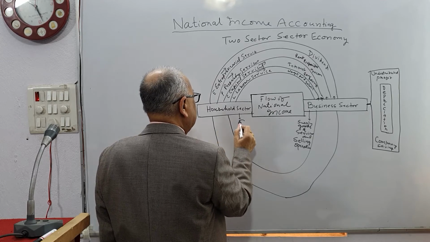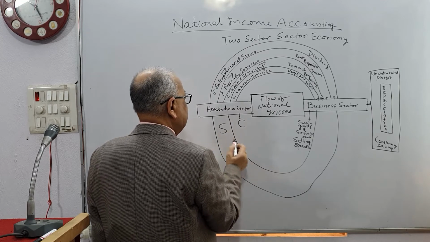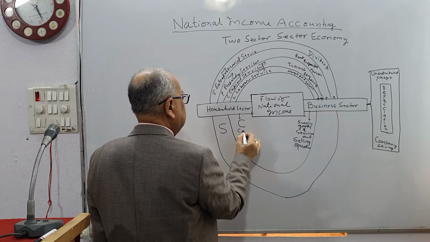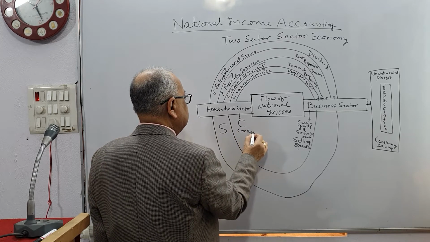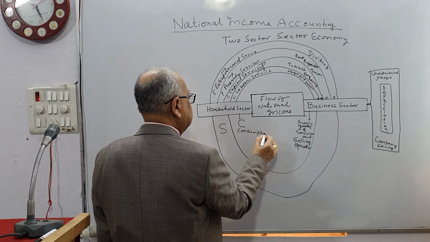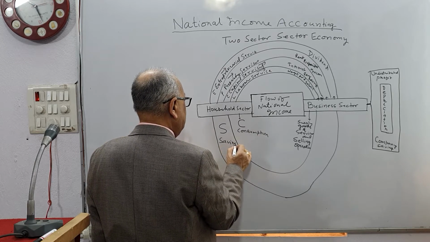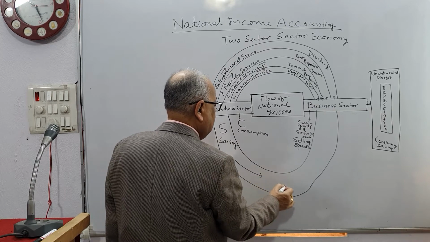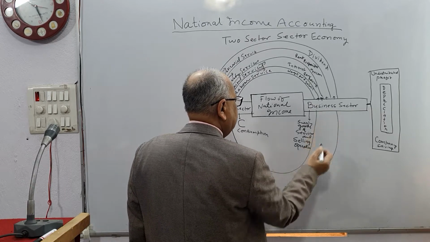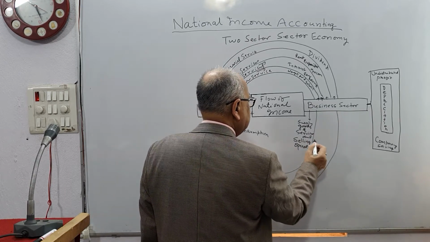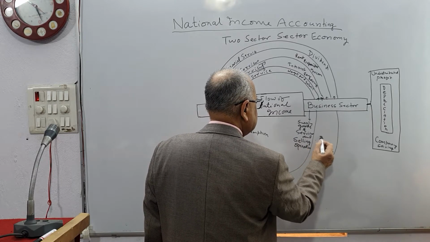Income is divided into two parts, S and C. C means consumption. S means saving. When saving flows through this channel and reaches the business sector, this is not saving, this becomes investment.